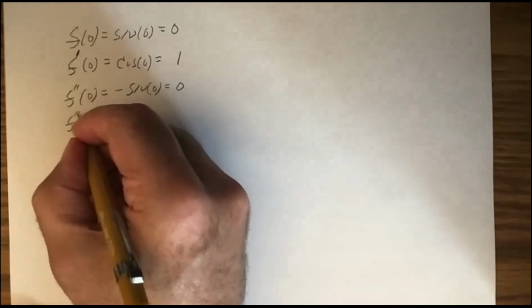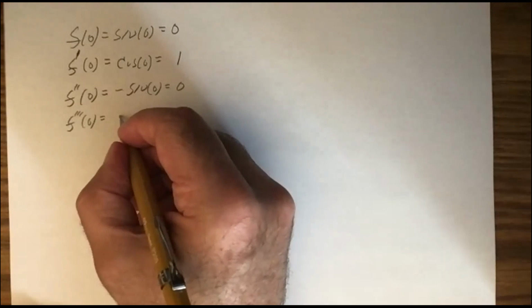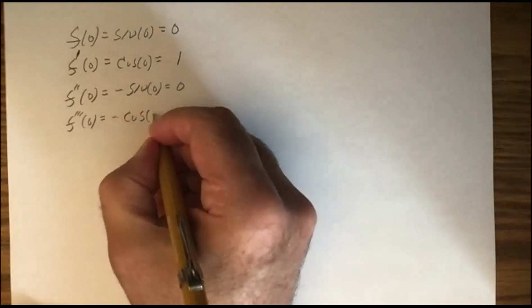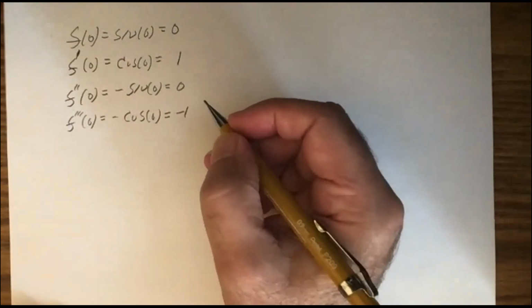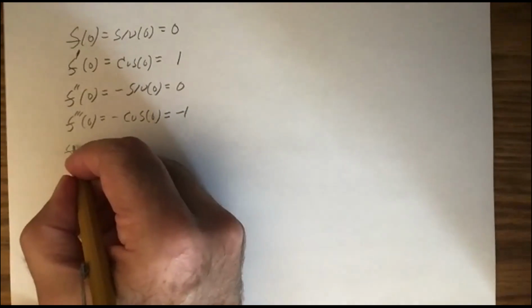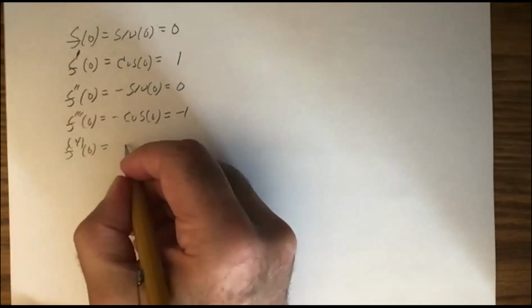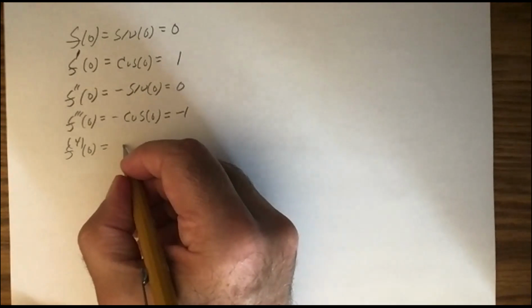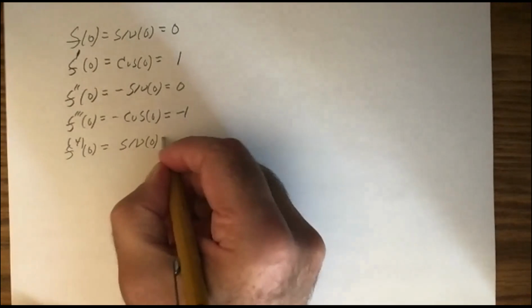And then I'll do another one. This is going to be minus the cosine of 0, which is equal to minus 1. And if we did the fourth, remember when we do the fourth, we write it like that. This would be sine again, and then this would be 0.